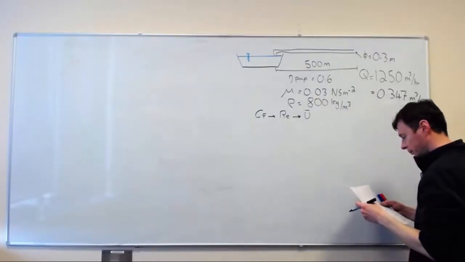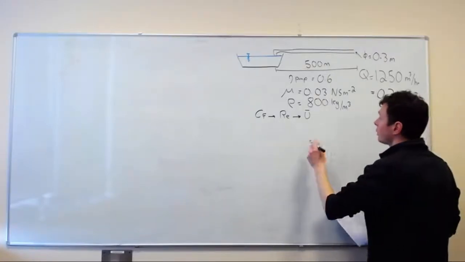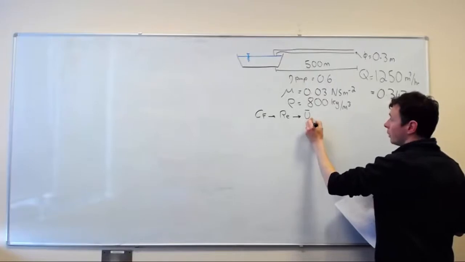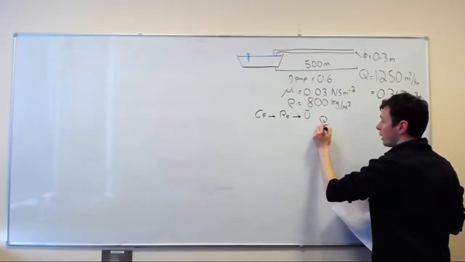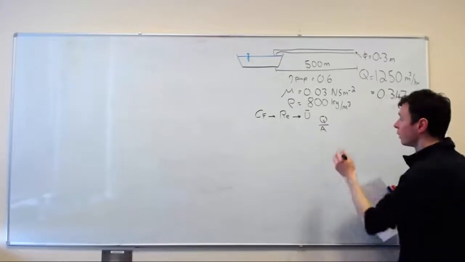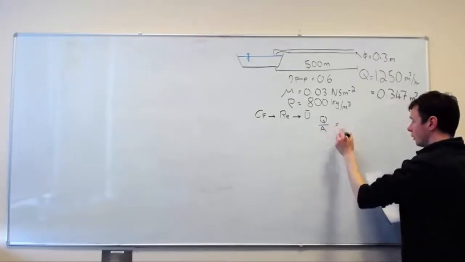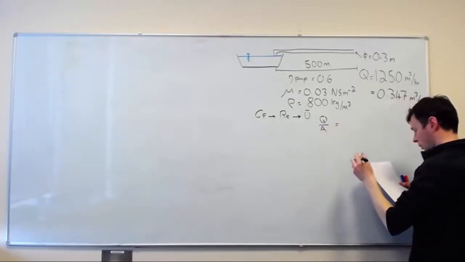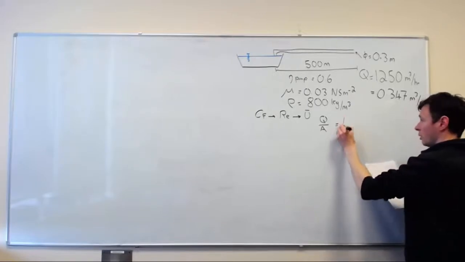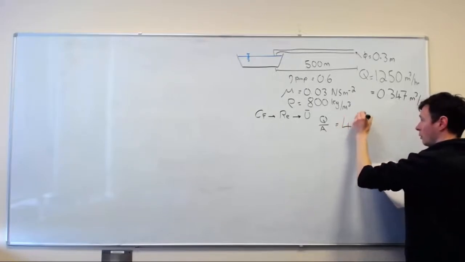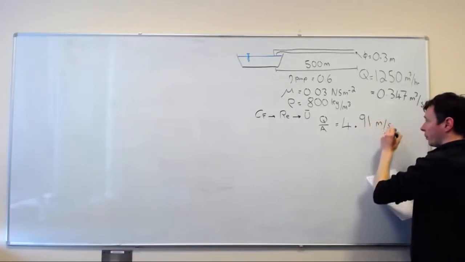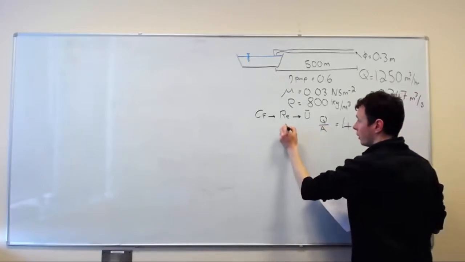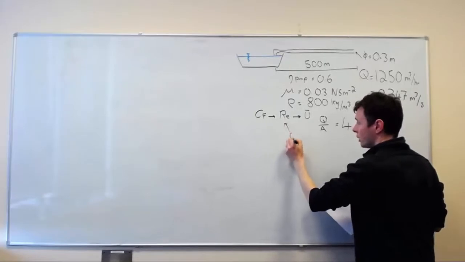Right, so U bar equals Q over A. I'm not going to write it out in full, which is 4.91 meters per second.